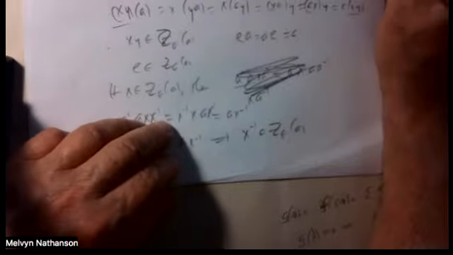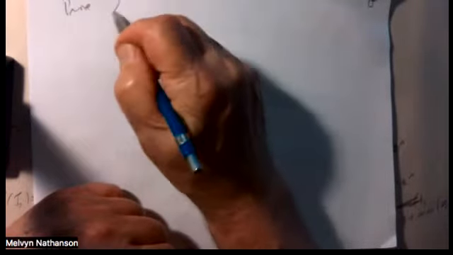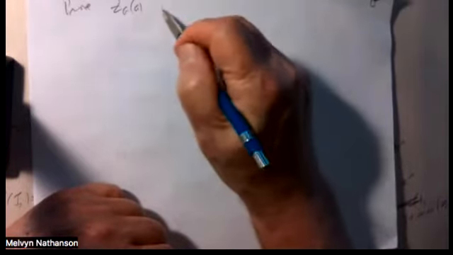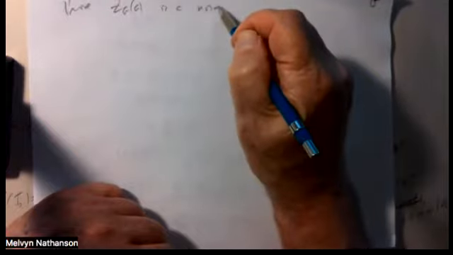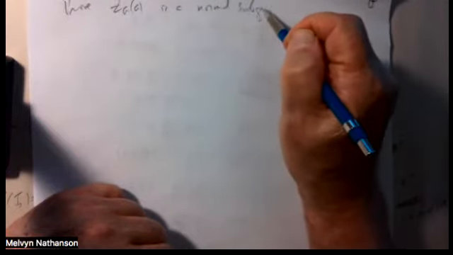So we need to prove it's a normal subgroup. So prove Z sub G of A is a normal subgroup.